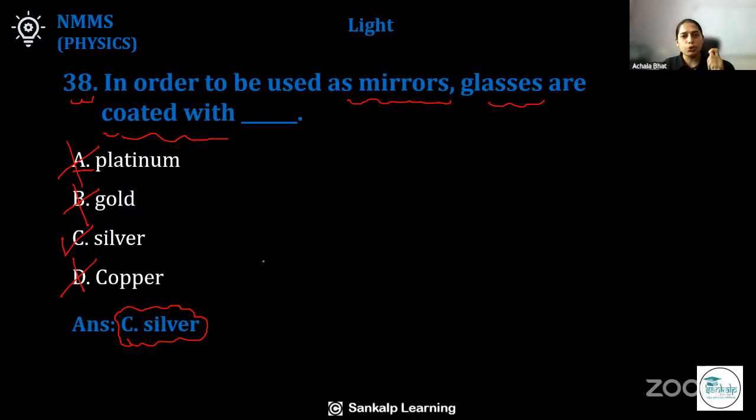It gives the truest and sharpest image. Whereas aluminum can also be used, but it reflects only 90%, but silver reflects 95%. Here the correct option is option C, silver. In order to be used as mirror, glasses are coated with silver. Option C is correct.